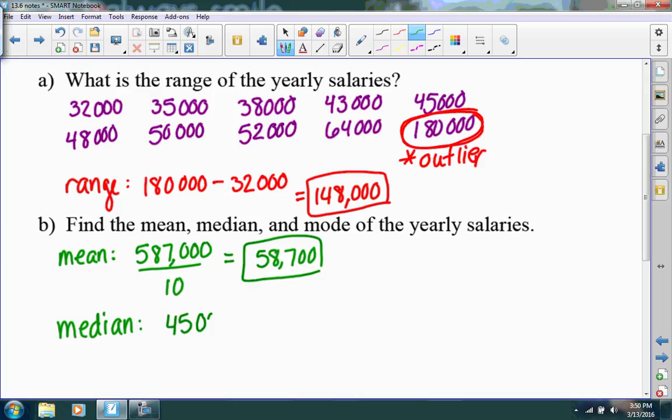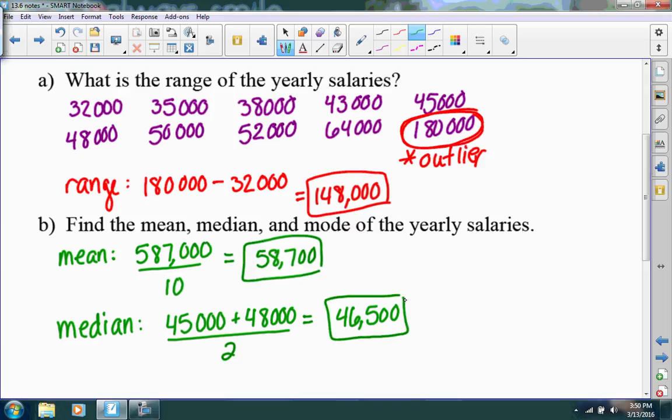So I'm going to have to add them up and then take an average. And I probably won't get a decimal here because we're dealing with thousands, but I'll get an uneven amount. I'll get 46,500, which is an even number, but it's not a whole thousand. I have the 500 here.